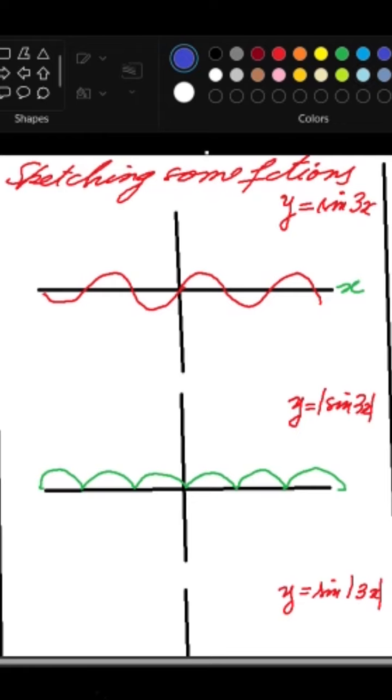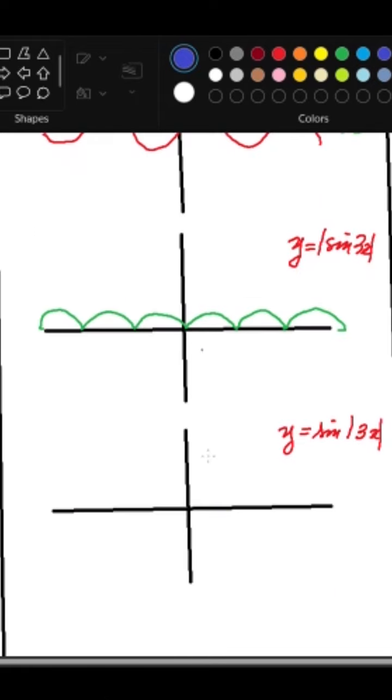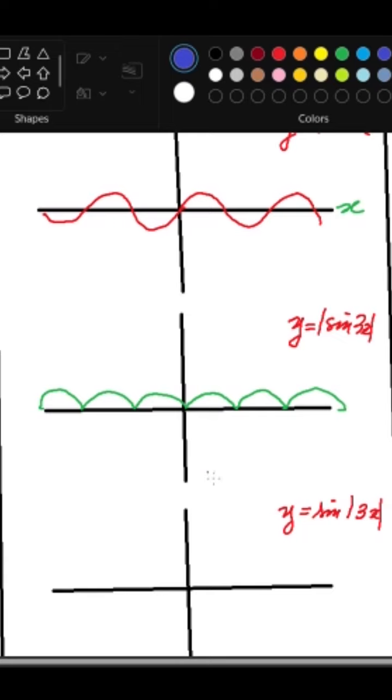Now let's see what happens with the function y equals sine of the absolute value of 3x. Because the absolute value, as I said, is positive, it always has a positive value. This means this function will be symmetrical about the y-axis.